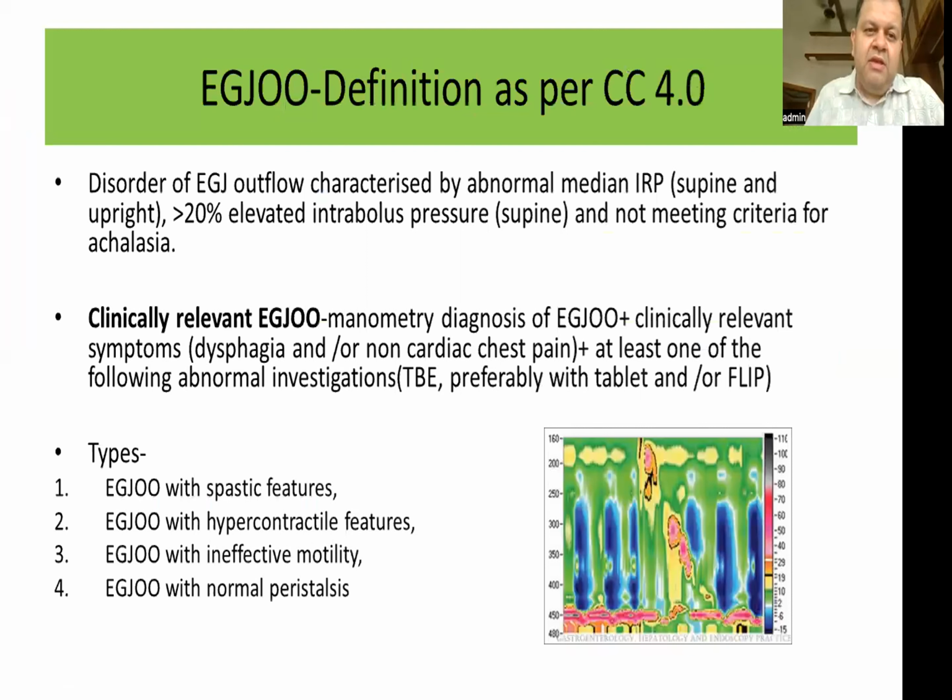To begin with, EGJ outflow obstruction, or esophagogastric junction outflow obstruction, is a disorder of the esophagogastric junction characterized by abnormal median IRP in both supine and upright position, more than 20% swallows showing intrabolus pressurization in supine position, and not meeting the criteria for achalasia cardia.